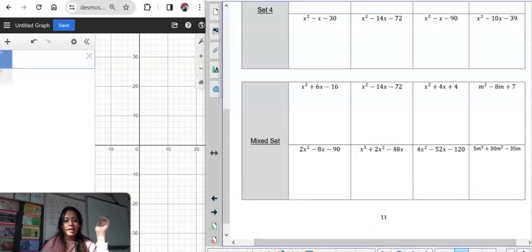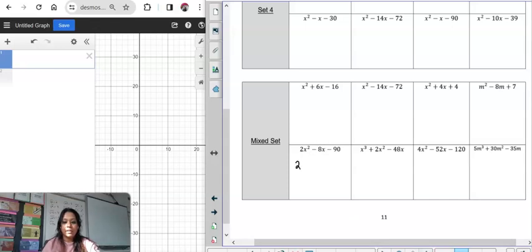So before I do that, this one also has a number in the front, but I should be able to factor out the 2. So if I factor out a 2 from here, that would be x squared, negative 8 divided by 2, that's negative 4x, and then negative 90 divided by 2, that's negative 45, okay?